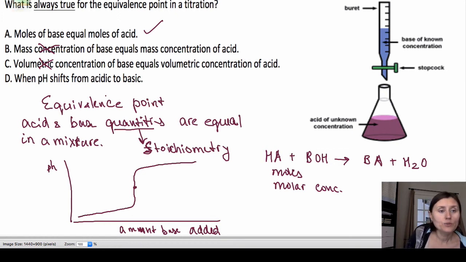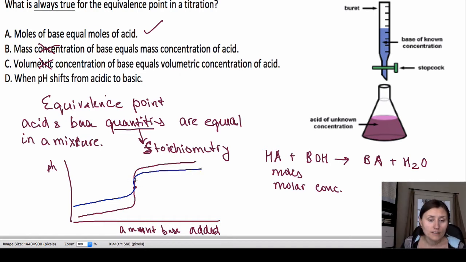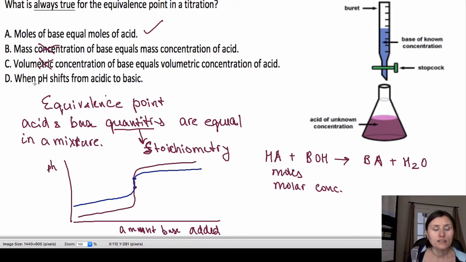Now this is good for strong acids and bases, but if you have weak acids and bases, then the equivalence point might look something like this. It will not be as sharply defined, and the equivalence point might not be at 7.0, but maybe somewhere over here. So that's why it's not quite right to say from acidic to basic.